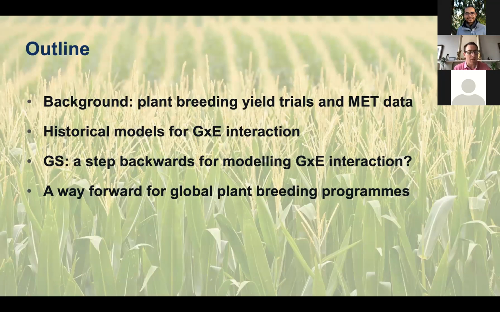So we have a bit of background, some history, GS, and this is a bit of a controversial point: why I say it was a bit of a step backwards for modeling GxE interaction. I'll explain exactly what I mean there, so please don't just quote me on that statement alone. And in what way can we actually move forward with this sort of stuff?